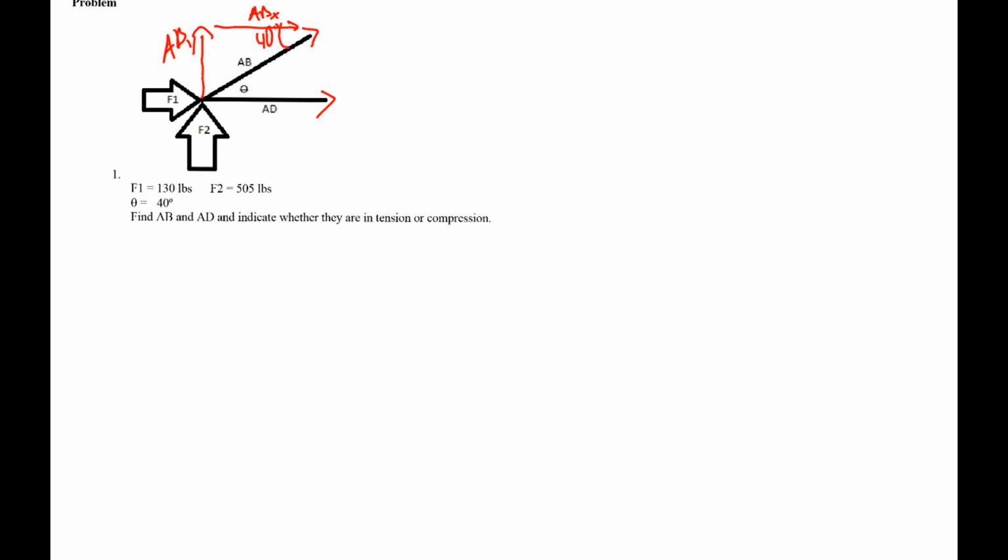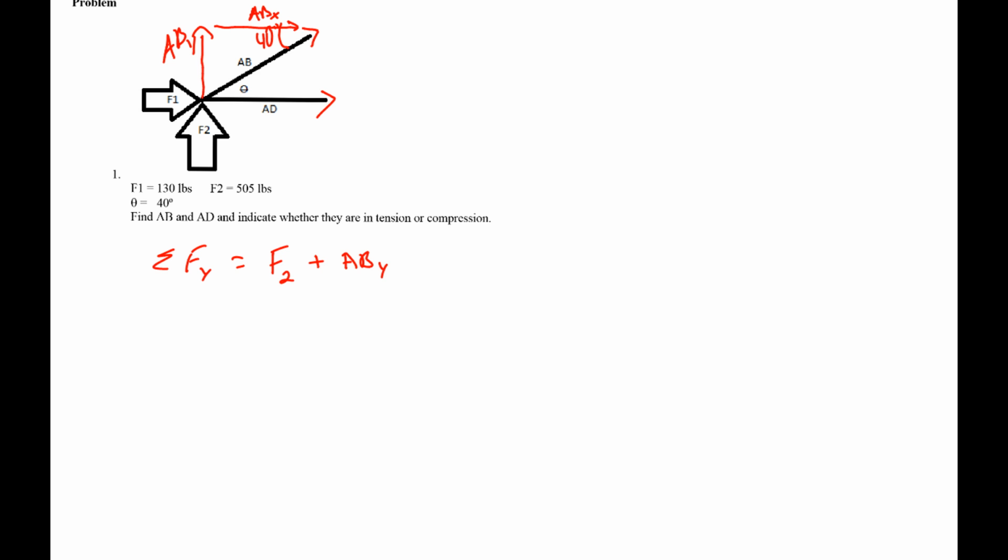All right. So we're going to say summation of forces in the y direction equals... What are our forces in the y direction? F2 and ABY. It is not negative, that's an equal sign. It's just kind of poor resolution.